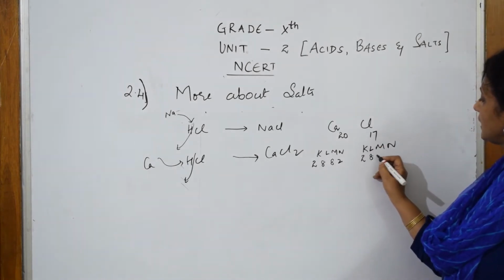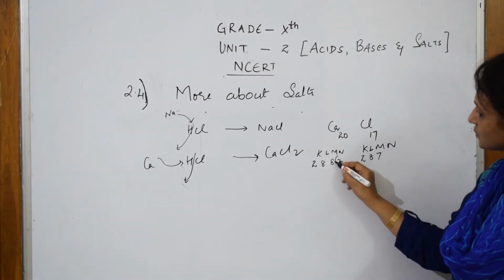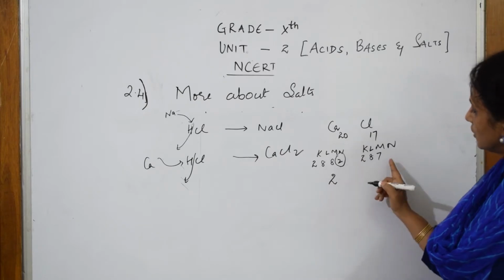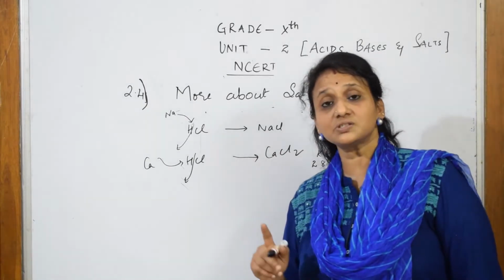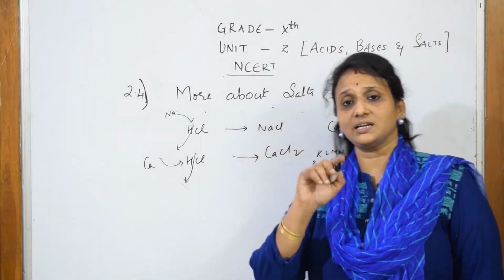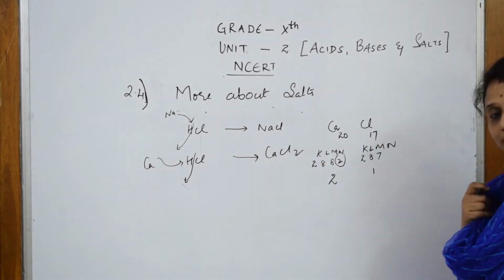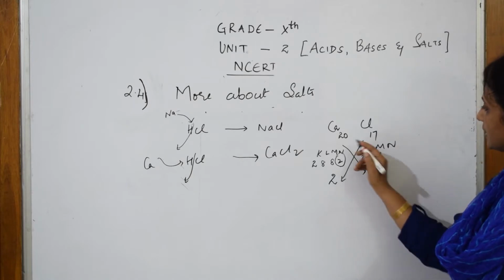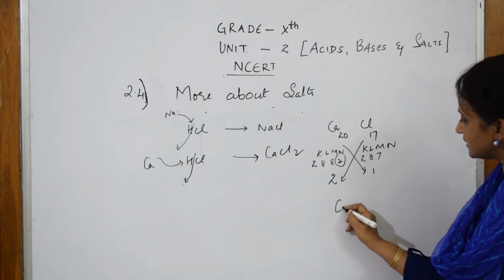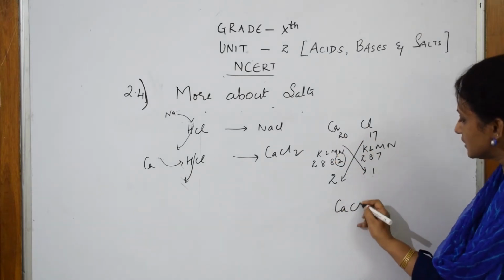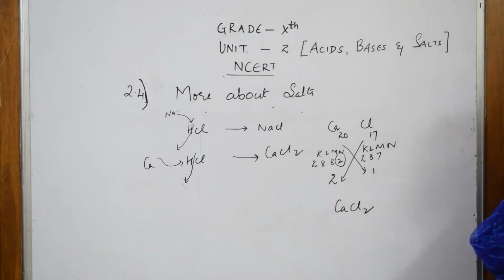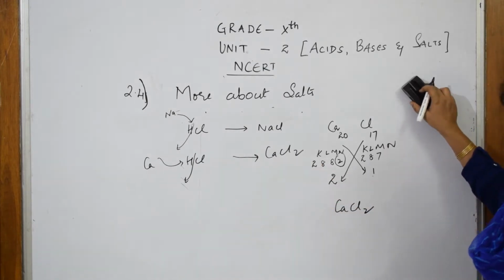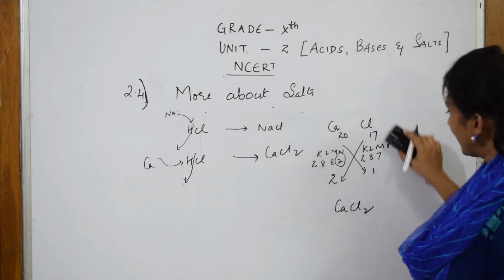Chlorine is 2, 8, 7. So what is the valency here? Calcium's valency is 2. Chlorine, to become stable, requires 1 electron, so its valency is 1. So cross it. What do I get? Calcium is 1, Ca, and chlorine is 2, Cl2. So calcium chloride is the formula. I am erasing this part. Hope you would have noted it.